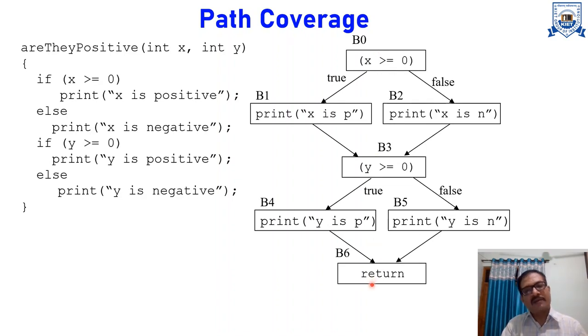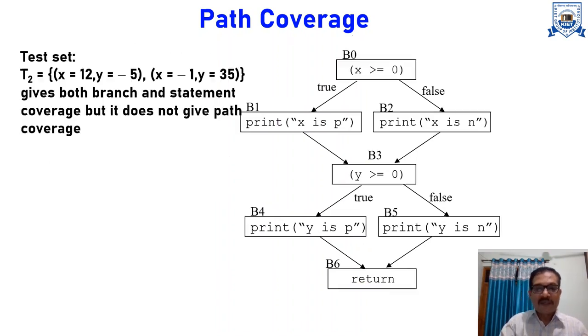So if I'm going to test this program with test cases like this, x equals 12 and y equals -5, and x equals -1 and y equals 35, and go through this control flow graph, then it gives you both branch and statement coverage, but are you achieving path coverage or not?